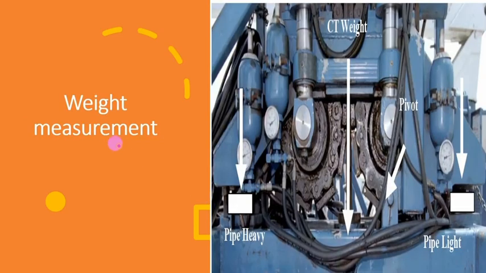Weight measurement is made by many methods. It can be hydraulic or electric. For the hydraulic one, to measure both tension and compression, you must have two load cells, pipe heavy and pipe light, and of course a pivot point.